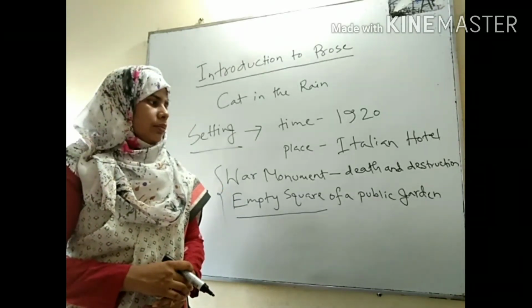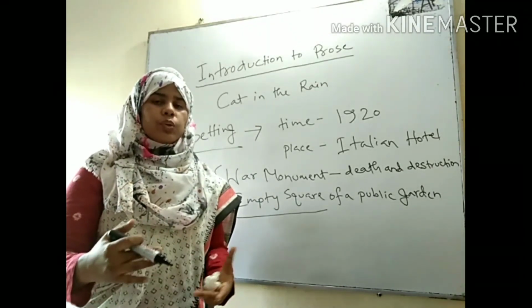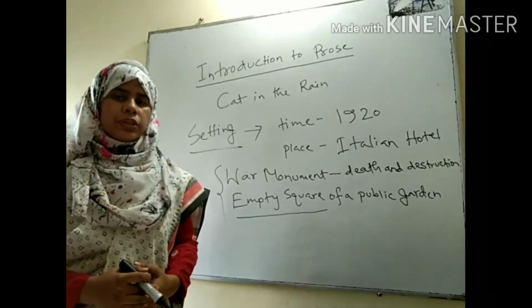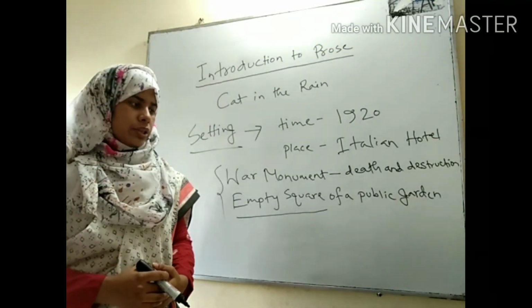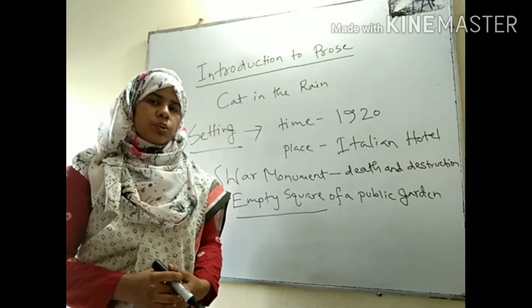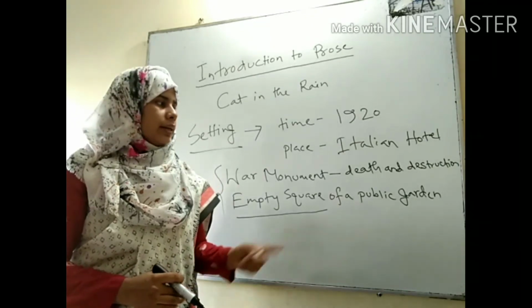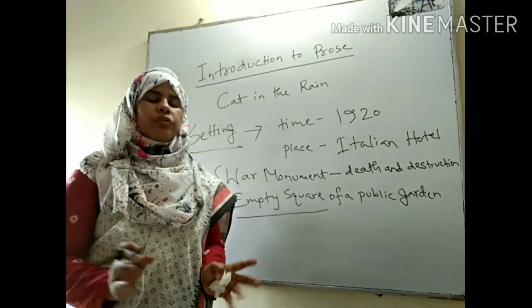So every woman wants happiness or fulfillment in life, wants a child. And as the wife is lonely, so she wants the cat very much. Here the cat is a symbol of a child.